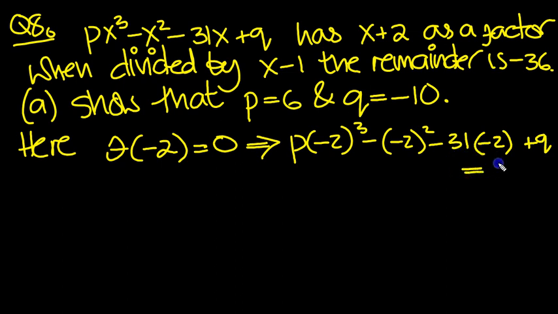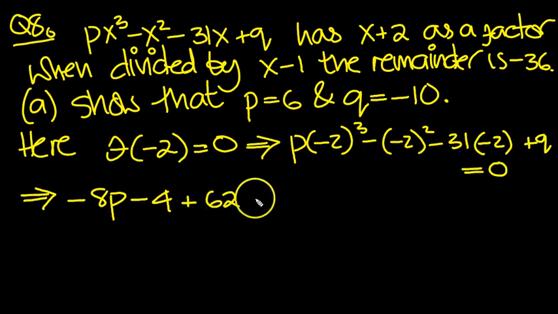All that equals 0. So let's write down what that means then. This is a −8, isn't it? So that's −8p. This is 4, so it's going to be −4. Basically 3 minuses flying around there. Minus times minus is a plus. 2 31s are 62. And then you've got plus q.